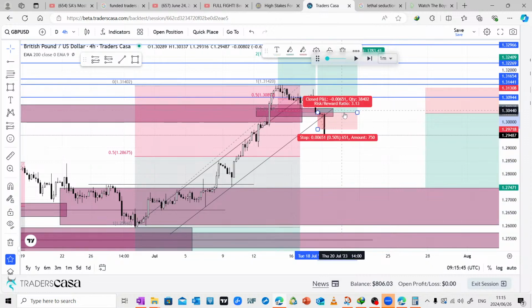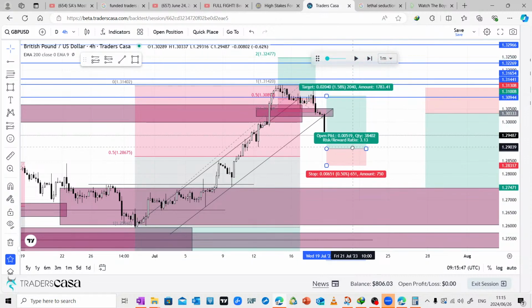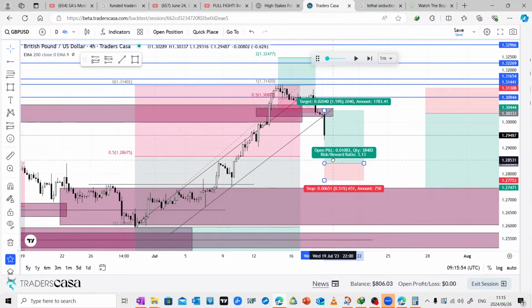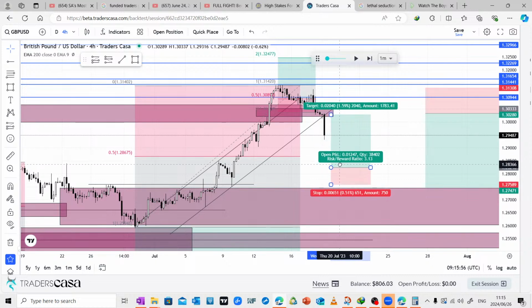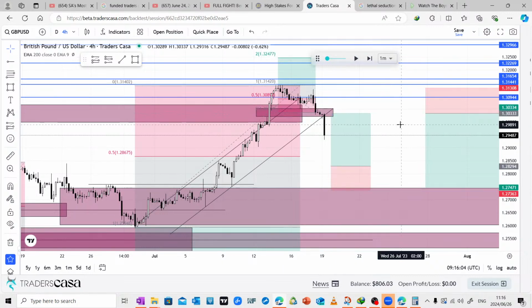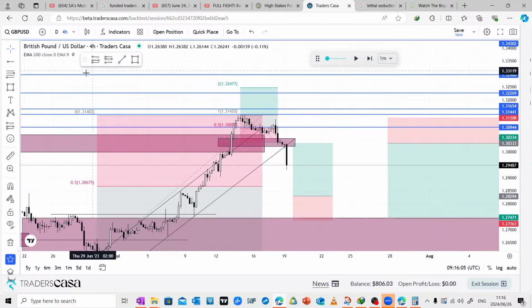So I'd rather take my entry, put it there, or rather put it in this fair value gap right here, and put my stop just below the fair value gap and target the high.